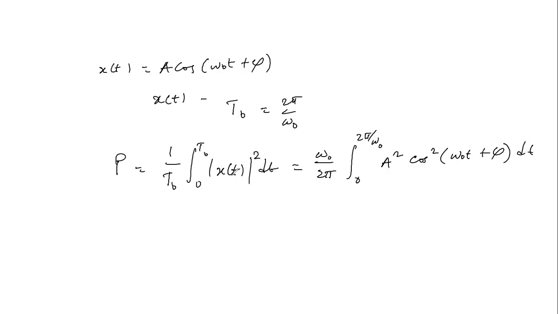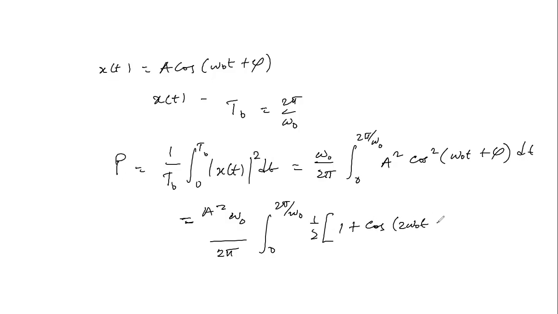So using our trigonometric identity and integrating, we have a squared omega naught over 2 pi, taking our limits of integration, 1 over 2, 1 plus cos 2 omega naught t plus 2 theta dt.